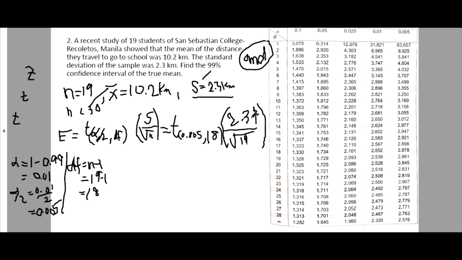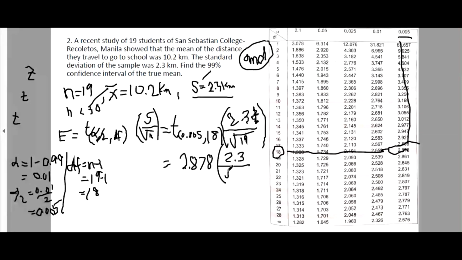So what is this? t 0.005, and then 18 our degrees of freedom. Therefore our t value here is 2.878. So 2.878 times 2.3 divided by square root of 19.